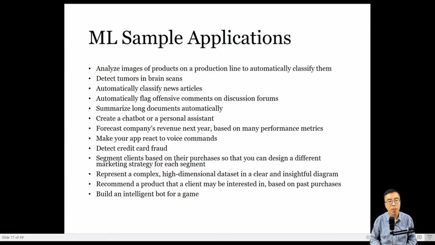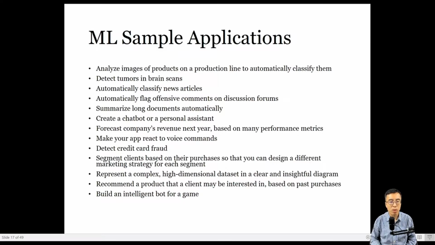There are many other sample applications of machine learning models. For example, machine learning models have been used to analyze images of products on a production line to automatically classify them. Machine learning models have been used to detect tumors in brain scans. Machine learning models have been used to automatically classify news articles or automatically flag offensive comments on discussion forums.